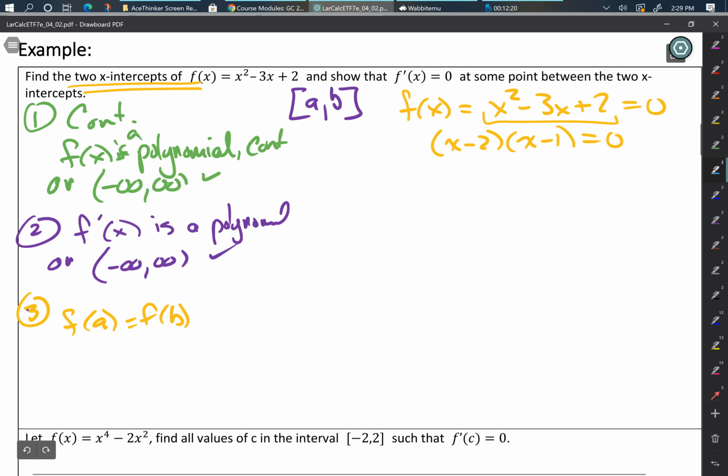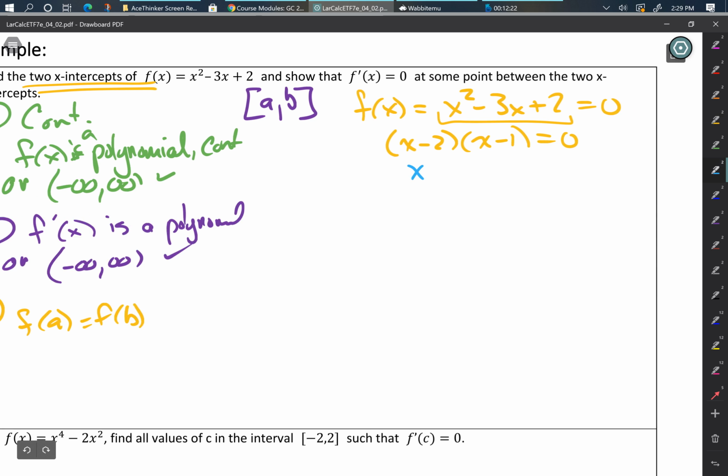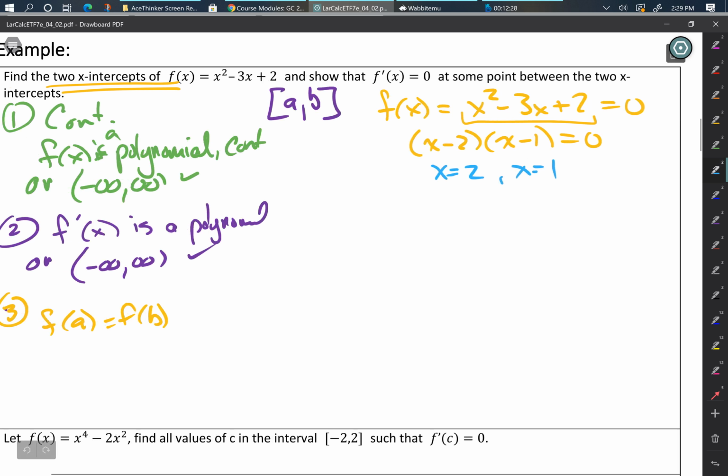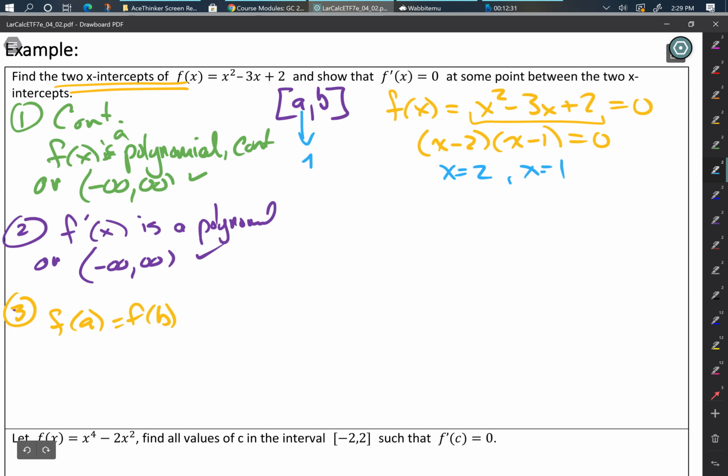And we factor it so we can use the zero product principle. And I get the two values x equals 2 and x equals 1. So that means that my a must be 1 and my b must be 2. So I'm looking at the interval from 1 to 2.